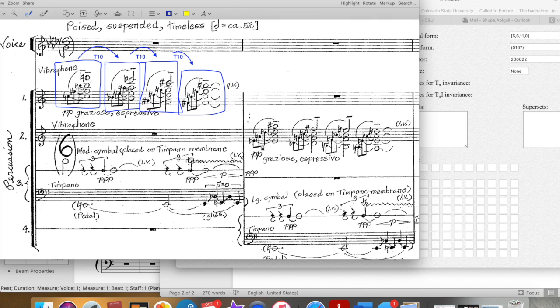And then notice that you can actually just keep going all the way down here into the second percussionist's line on the vibraphone. And you might find, for example, in a piece, if you're doing a larger analysis, that maybe T10 is an important structural aspect of this piece. Maybe a lot of stuff is related by T10, or maybe 0, 1, 6, 7 is a big part of this piece, or maybe just the tritone from that set class is a big part of this piece.